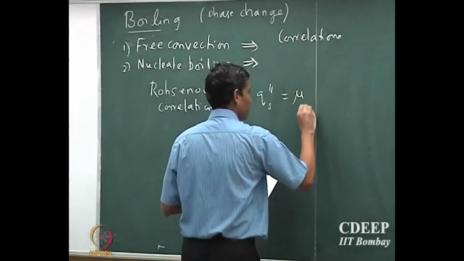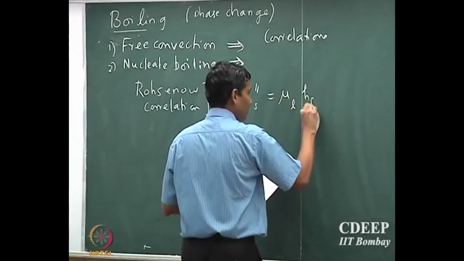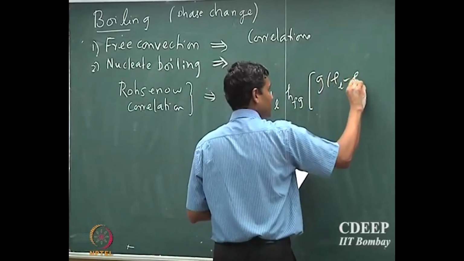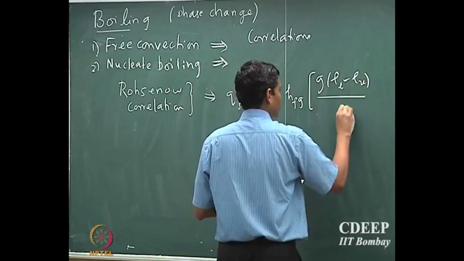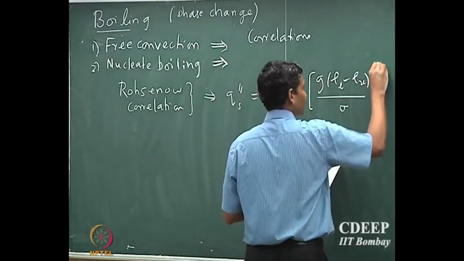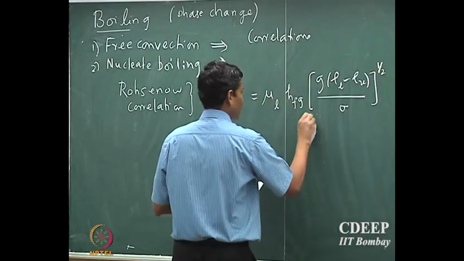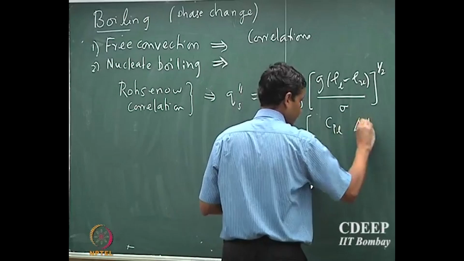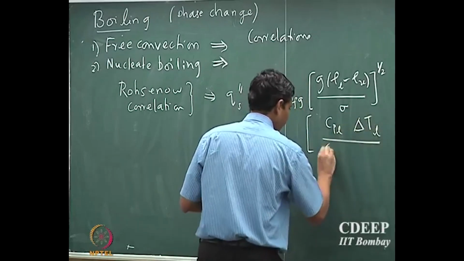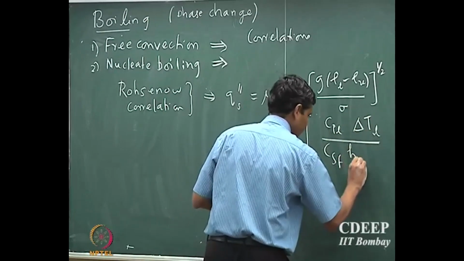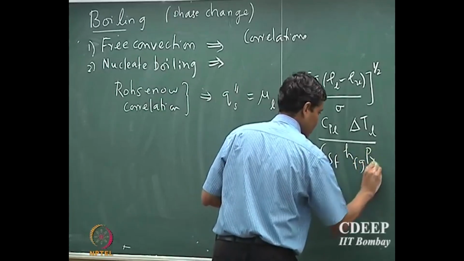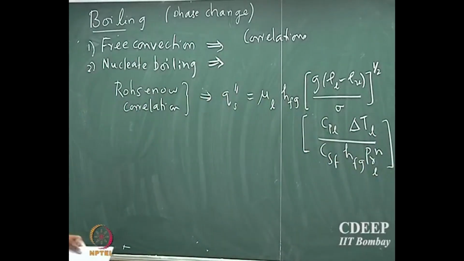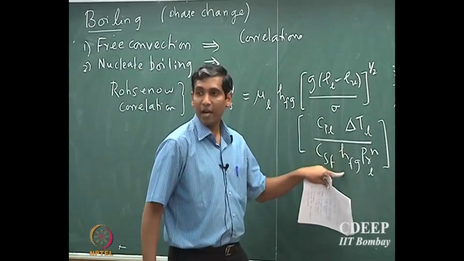So that's given by mu L multiplied by rho V divided by sigma to the power of half multiplied by Cp delta T by Hf.